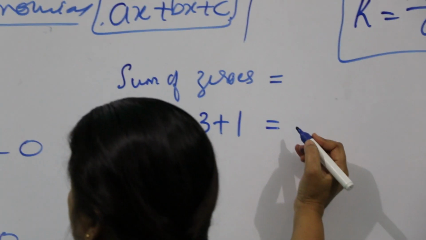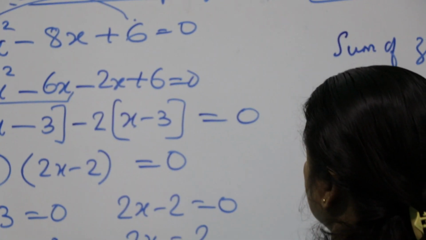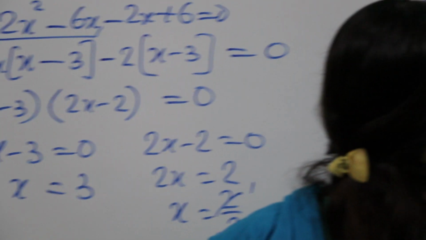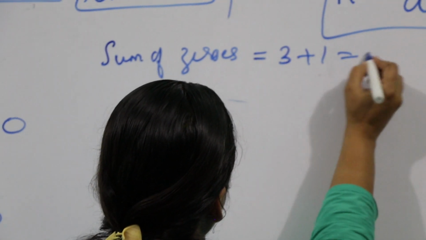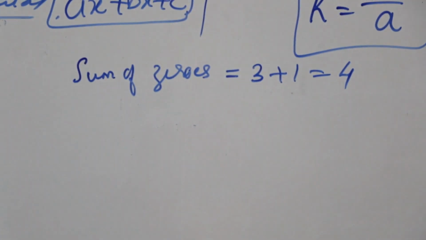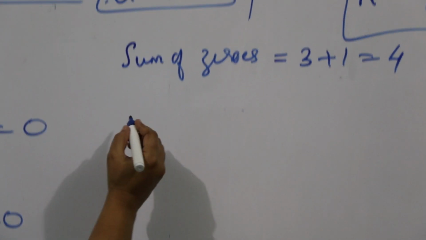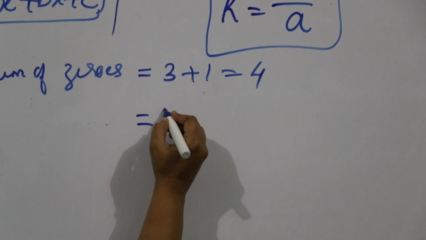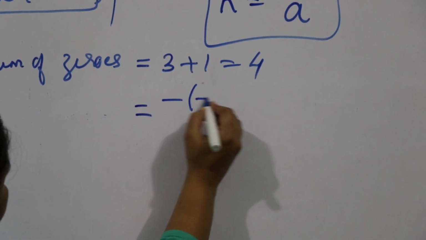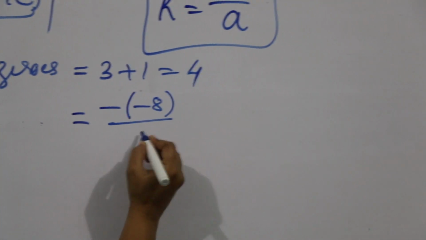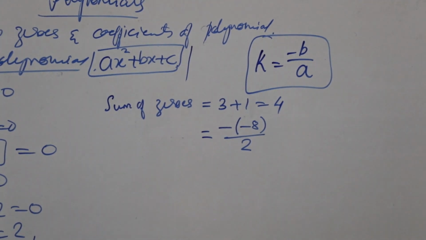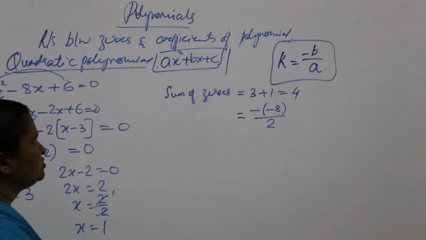Let us see if it has anything to do with the coefficients. 3 plus 1 is 4. Now this can also be expressed as minus of minus 8 by 2.